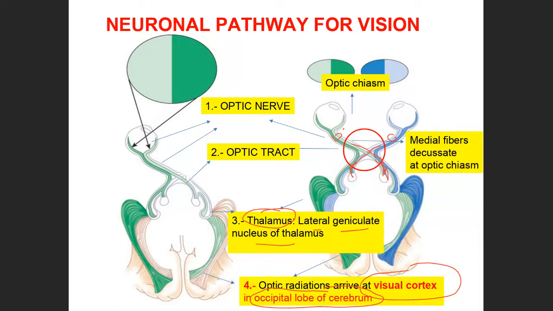And from the lateral geniculate nucleus of the thalamus, it goes into the optic radiations, right here, into the occipital lobe. So we have optic nerve, optic chiasm, optic tracts, thalamus, more specifically the lateral geniculate nucleus of the thalamus, and from there into the visual cortex. So that's the path that the information will take to the visual cortex.